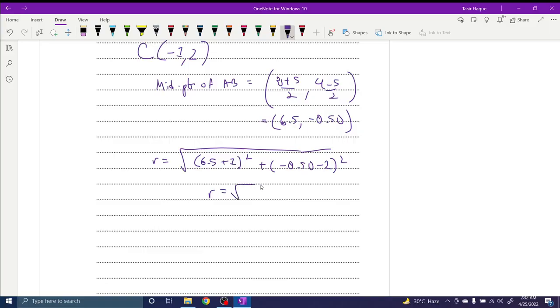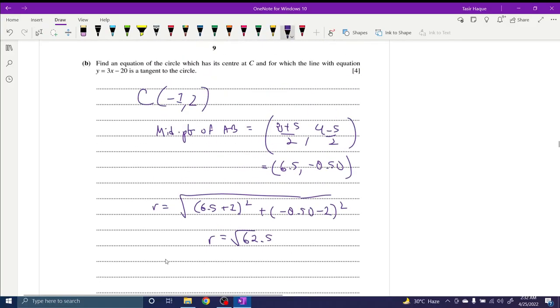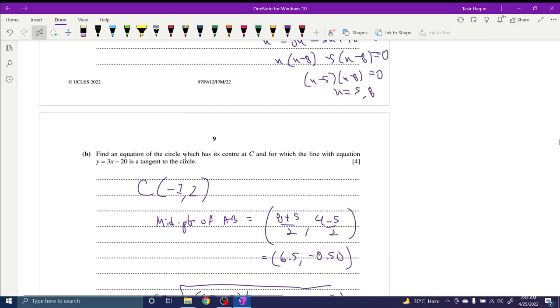So r is equal to root over 62.5. So what about the equation of the circle? It's going to be (x plus 1) whole square plus (y minus 2) whole square is equal to r square, right? Or 62.5. This is it. You could also keep it as a fraction, 125 by 2. That also works. That's totally fine, okay? So that's it.